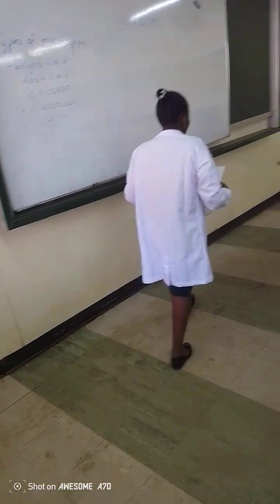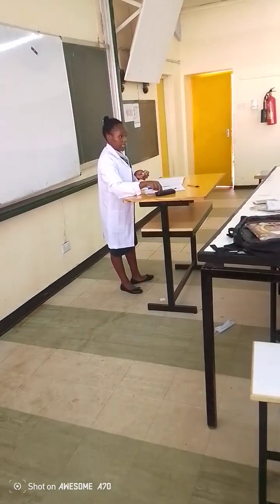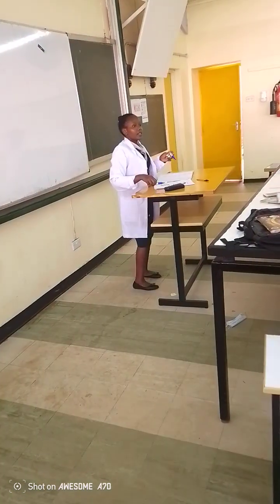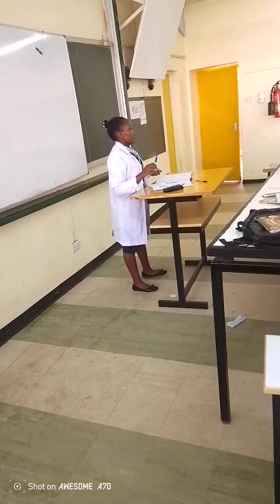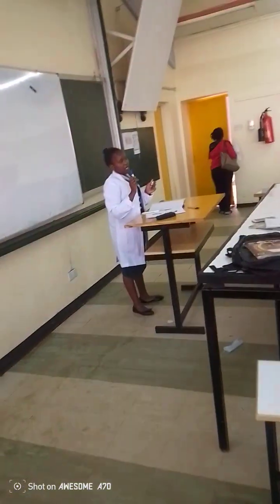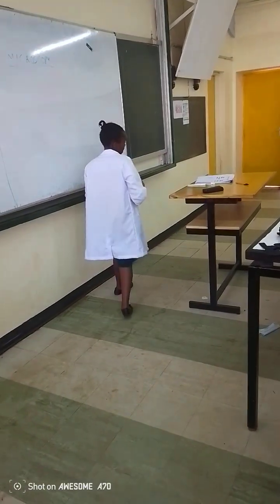Now, who can tell us what a bright field microscope is? In light microscope, we have two types. So we have the bright field and the dark field. So I'm going to give you some images so that you can go through and tell me the differences between these various types of microscopes.